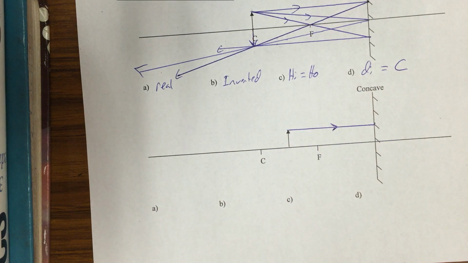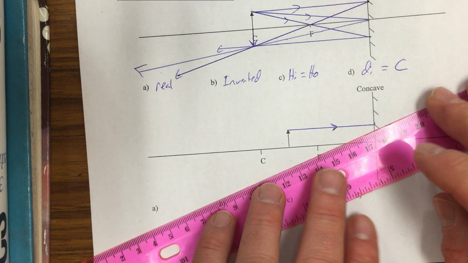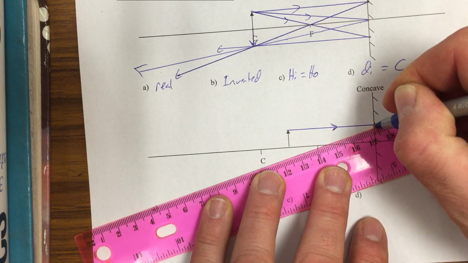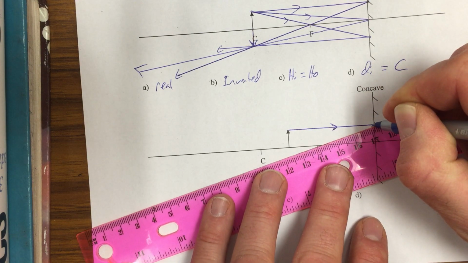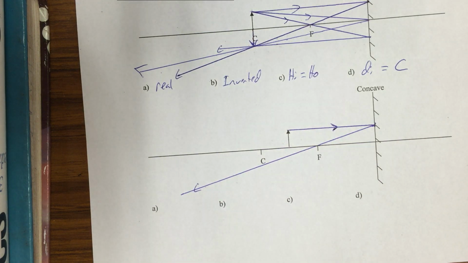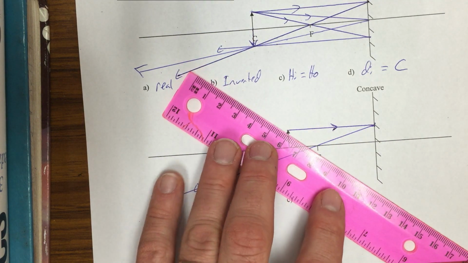This in parallel light ray always goes out through F, so we take our light ray and connect it from where we last were, and we draw it out through F, like so, and that's my first light ray. My second light ray is the reverse light ray. Light paths are reversible.